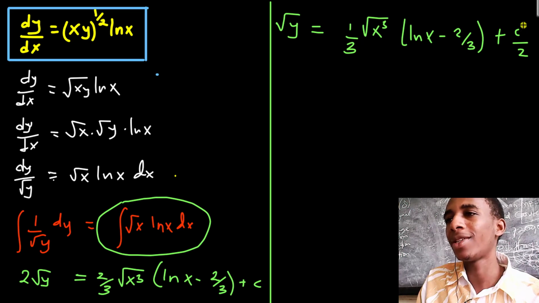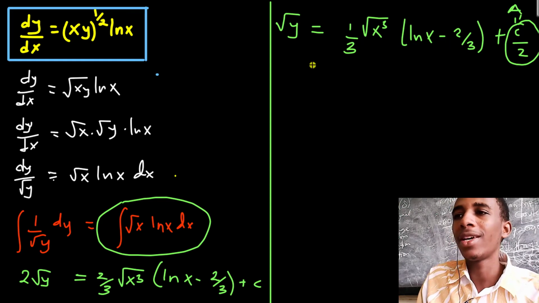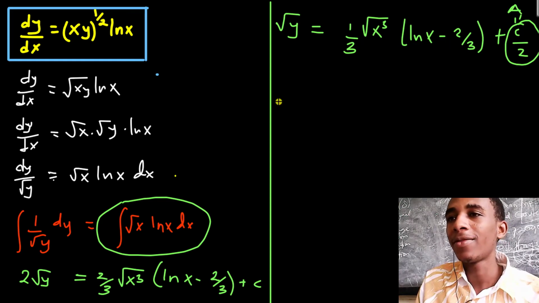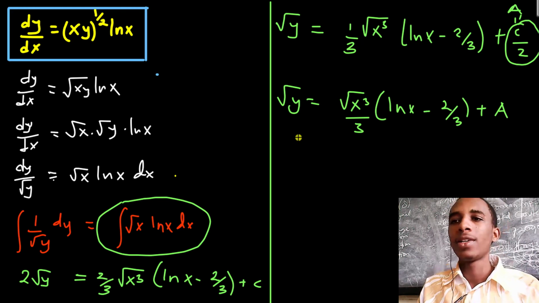I divided by 2, but of course this is also a constant, so I can let this be another constant, maybe a. So I have the square root of y equals the square root of x cubed divided by 3 times the natural log of x minus 2 over 3, plus a.